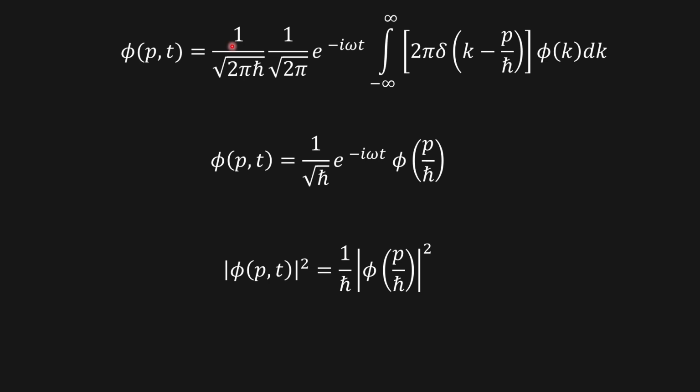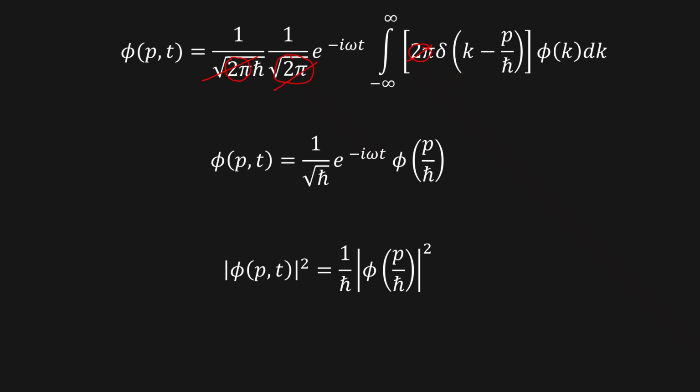Now we got this expression. Here we can do some simplification. Here you have square root of 2π, and here also square root of 2π. If you multiply both, you will get 2π, so this will cancel with the other 2π. Ultimately you have here 1 over square root of ħ, and this exponential term.